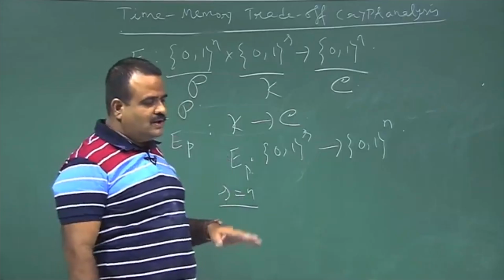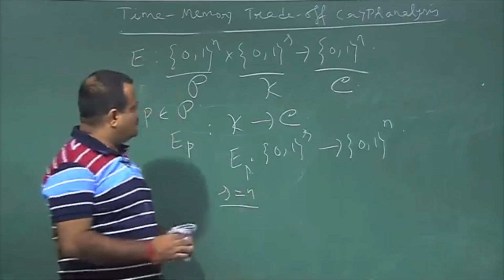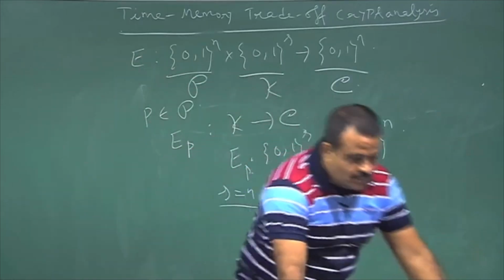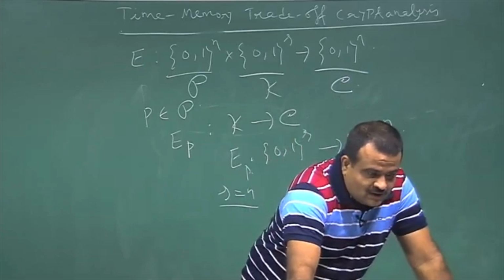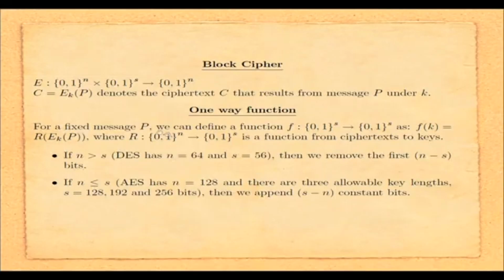If it is more, then we can add some bits. We can have an R applied after this to make it s bits to s bits. So, this f is the one-way function we are looking for.